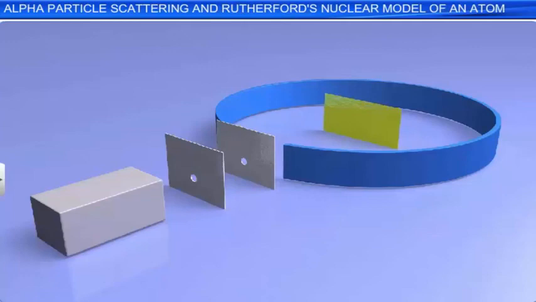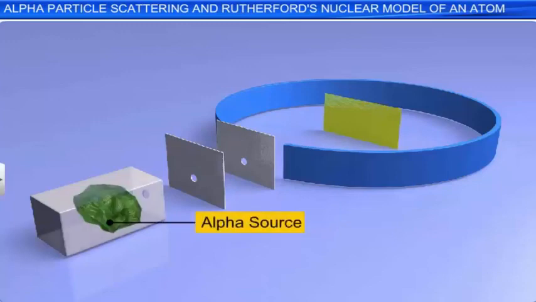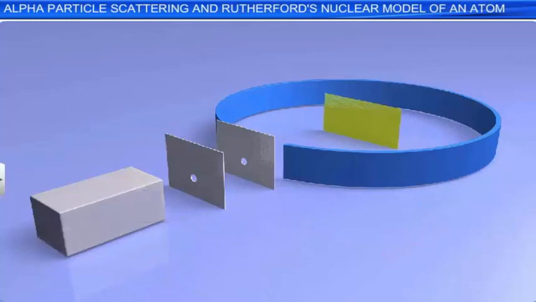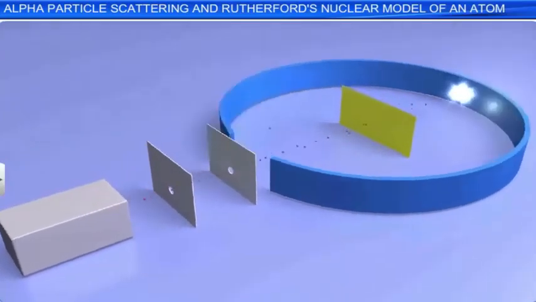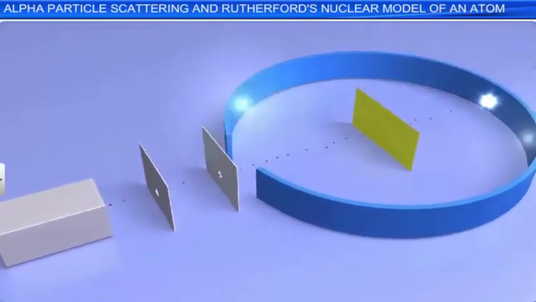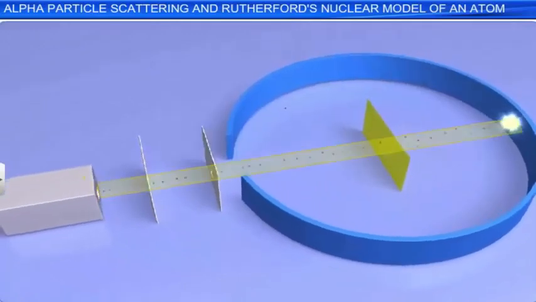The experimental setup consisted of a source of alpha particles, like bismuth-214, placed in a cavity in a lead block, and the arrangement was made to obtain a narrow beam of alpha particles by passing them through space between lead bricks. Here, we should remember that the alpha particles were actually helium nuclei.